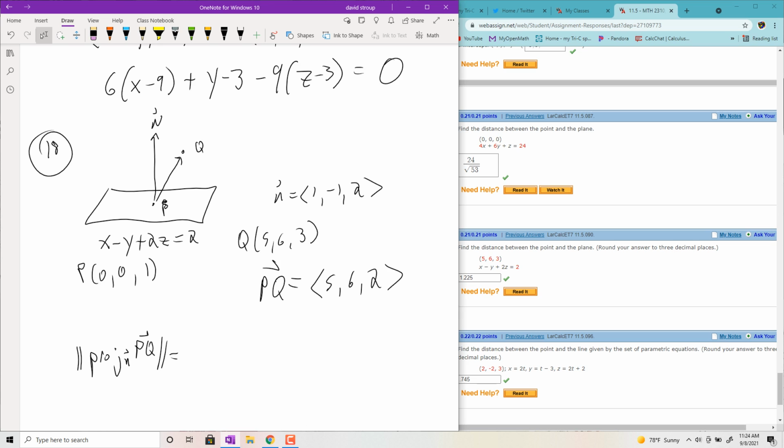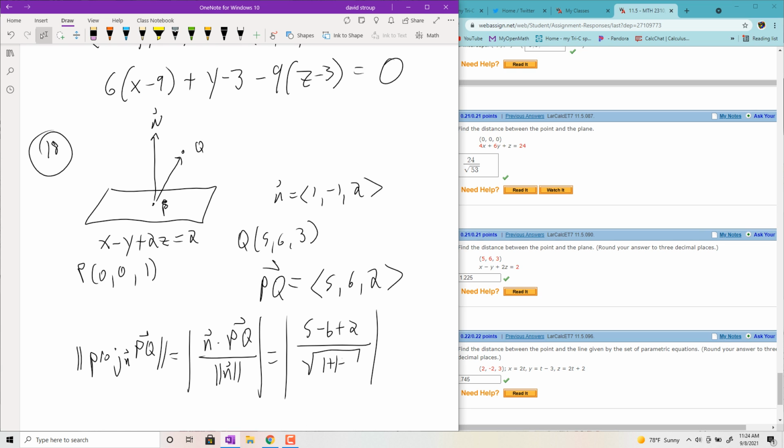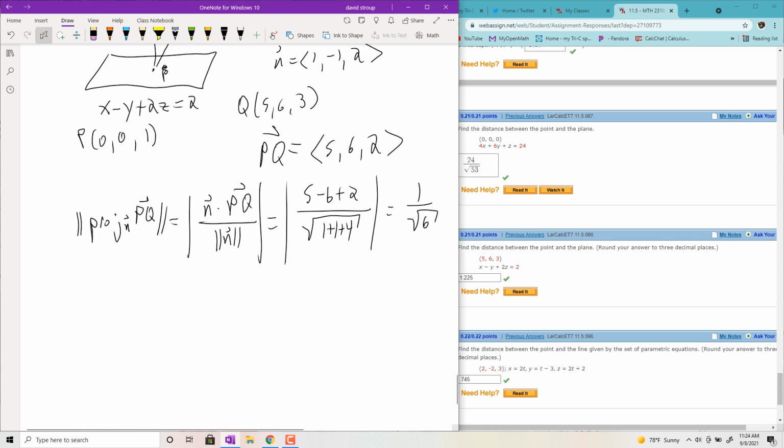So that would be the absolute value of n dot PQ all over the magnitude of n. And so in this case, that would equal 5 minus 6 plus 2 all over the square root of 1 plus 1 plus 4. And so that would be negative 1 plus 2 is 1 all over the square root of 6. And then you can put that in your calculator.